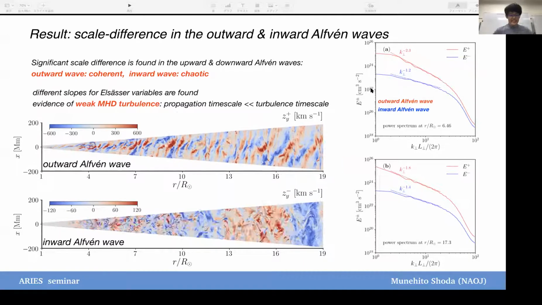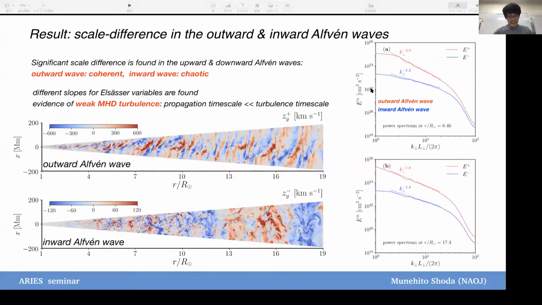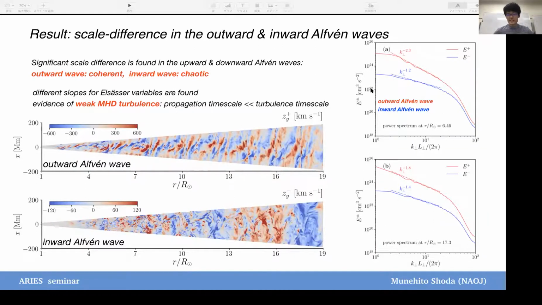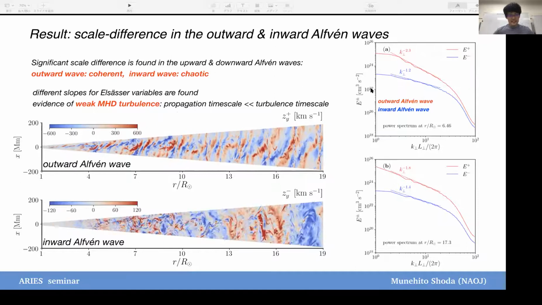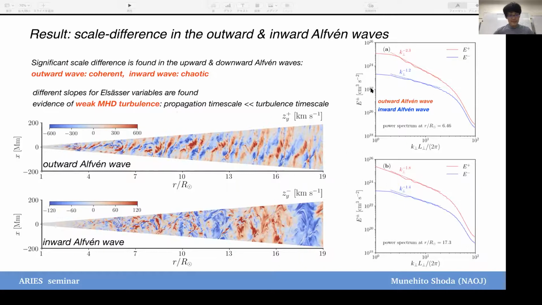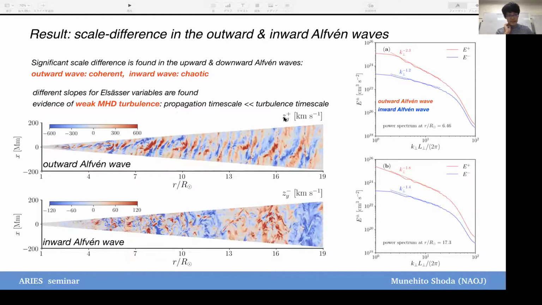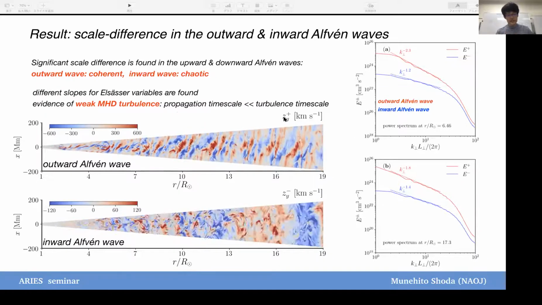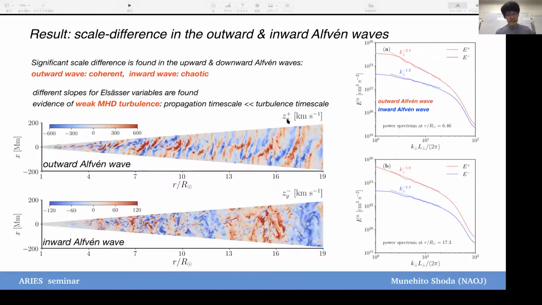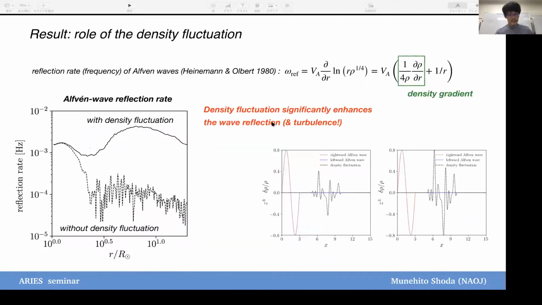Yes, in the nonlinear regime, we cannot exactly divide the forward going and backward Alfvén-wave, so we just approximate. We assume that the LSS variables defined by this equation actually correspond to the Alfvén-wave. So what I'm showing here is the LSS variables, not the characteristics of the equation.